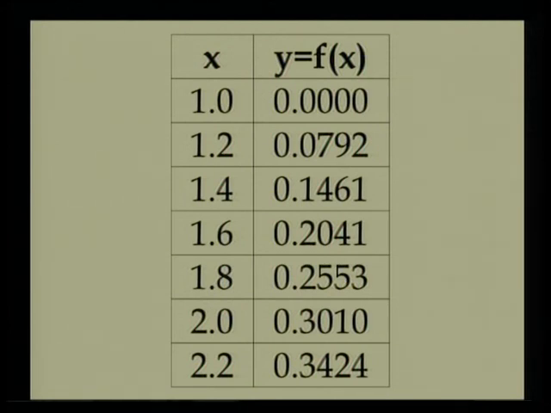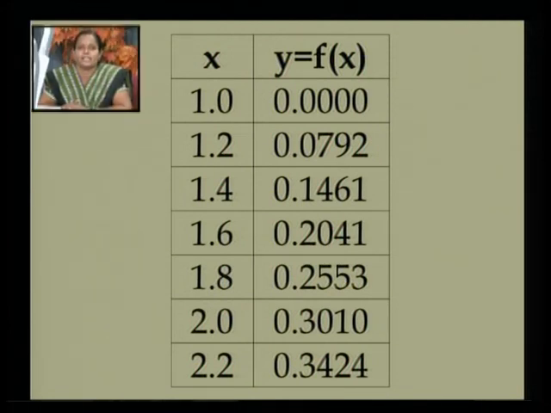For x, see the table values. We are taking the step size 0.2. So the starting value is 1. We keep on adding 0.2 to the values. So 1 plus 0.2 will give you 1.2, plus 0.2 will give you 1.4. Keep on adding, you will get 1.6, 1.8, 2.0 and 2.2. Now, the corresponding values of y we will be obtaining when I put these values of x into the function f of x.